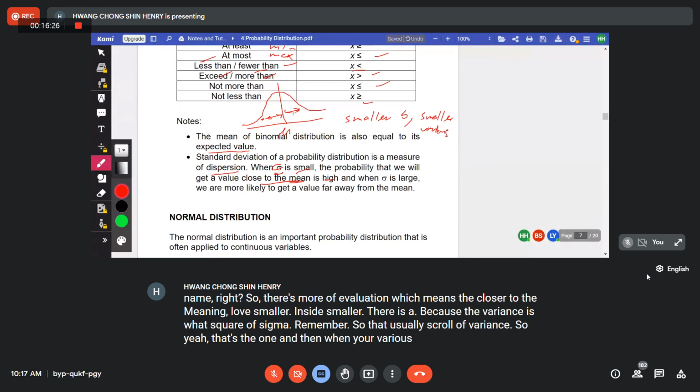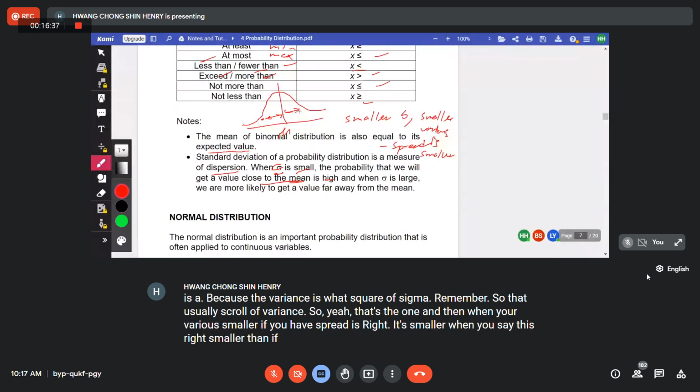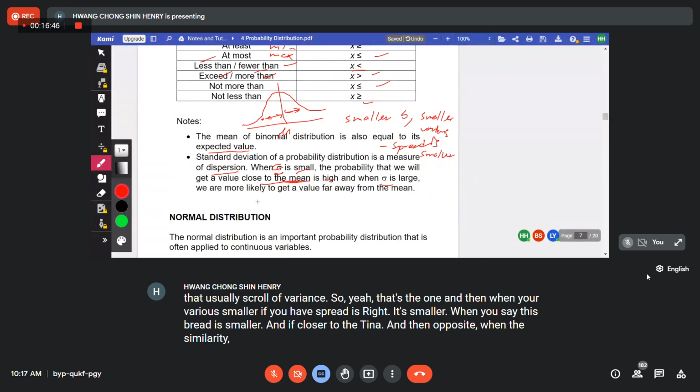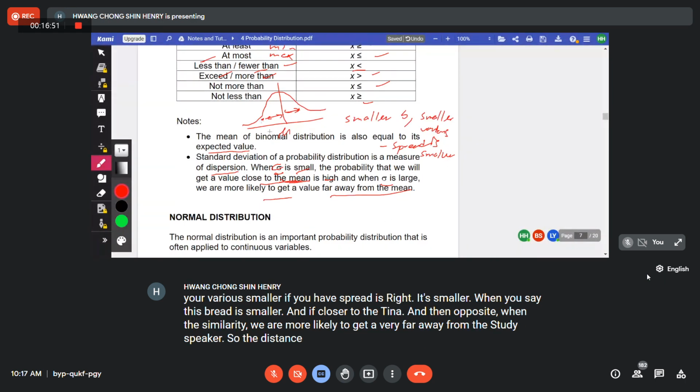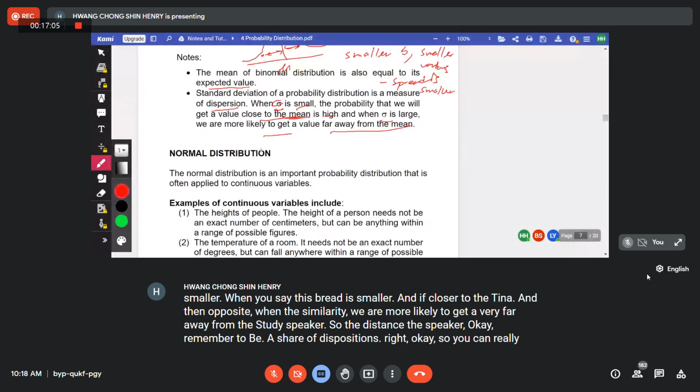When your variance is smaller, the spread is smaller, which means the distance here is smaller. In other words, it's closer to the mean. The opposite, when sigma is big, we are more likely to get a value far away from the mean. The spread is bigger, so the distance is bigger. I hope you remember chapter 2b, measures of dispersion. Okay, so you can do a tutorial for a minute now.